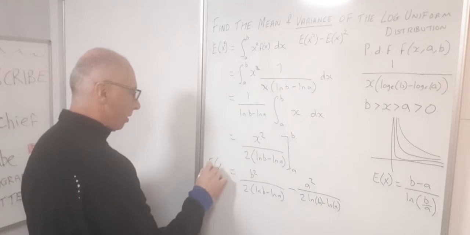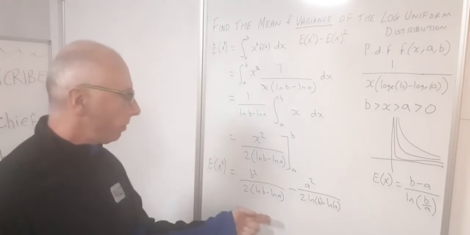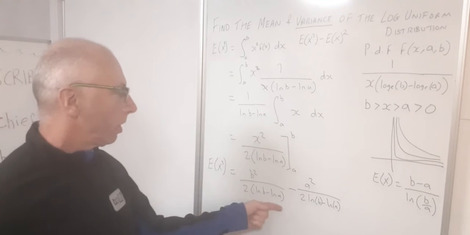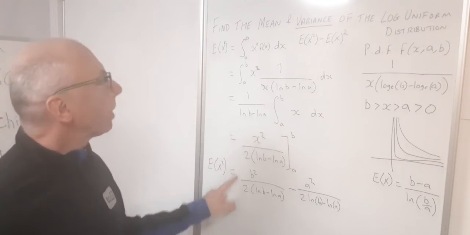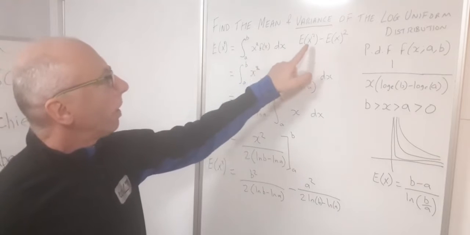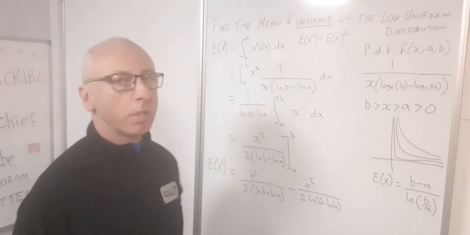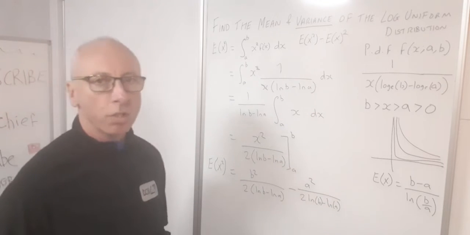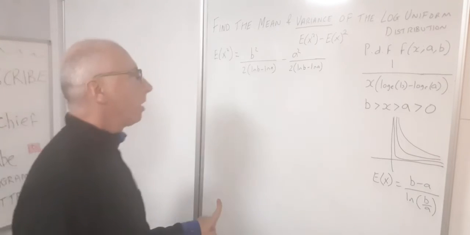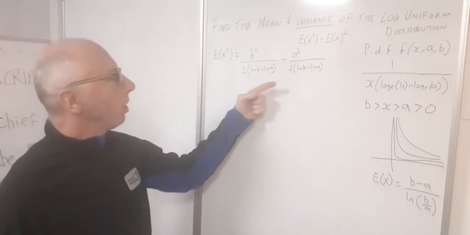So we've not actually calculated the variance just yet, we've just got our second moment. So now what we need to do is bring this up top for our E of X squared, and then what we can do is start to square this term and see if we can make our final conclusion as to what the variance will be. Now my E of X squared term is here.